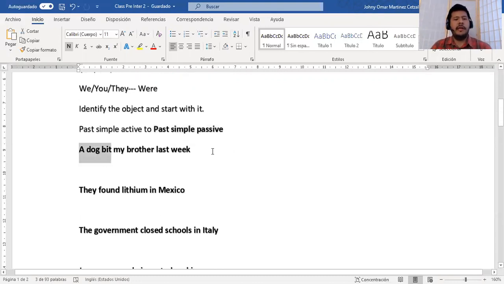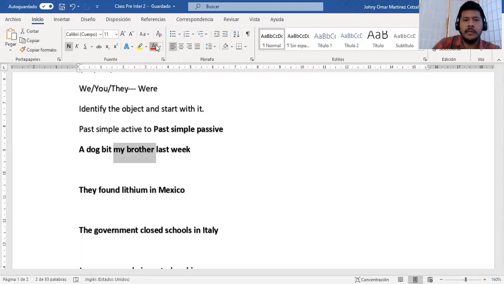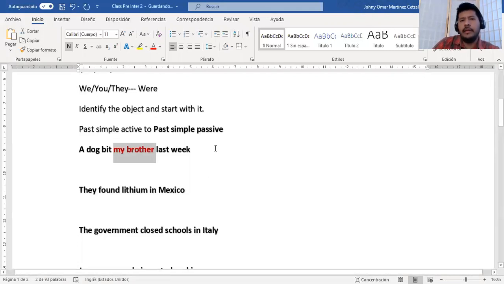So this first sentence is completely active. A dog bit my brother last week. You have to identify the object, okay? So in this case, the object could also be a human. So my brother would be the object, or would be the person that receives the action.